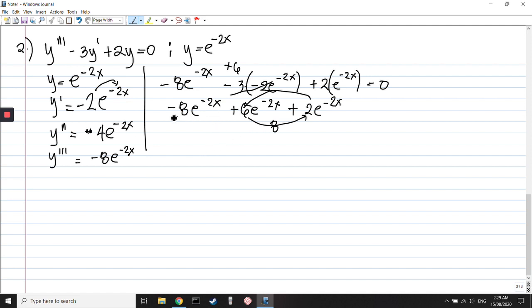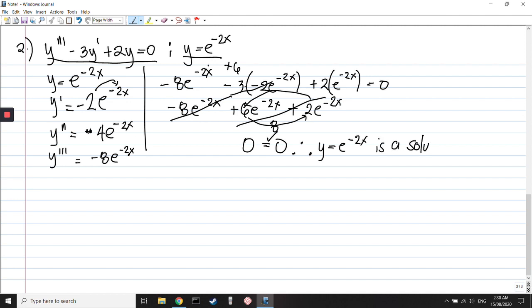So the terms are equal to 0. Thus, this function, y equal to e raised to the power of negative 2x, is a solution of the differential equation.